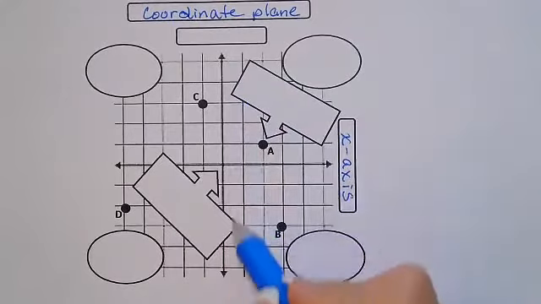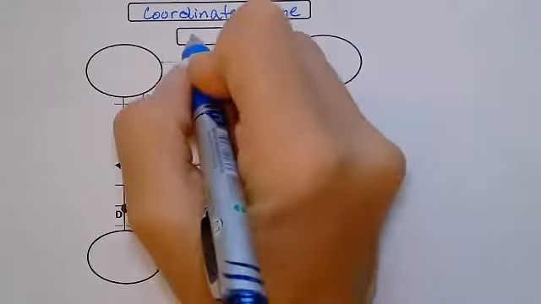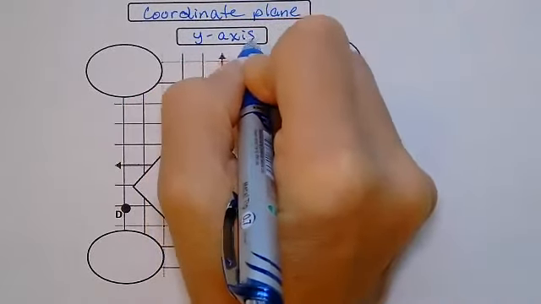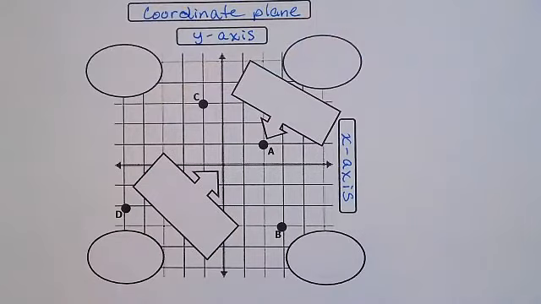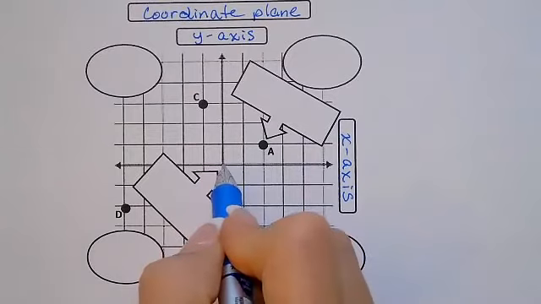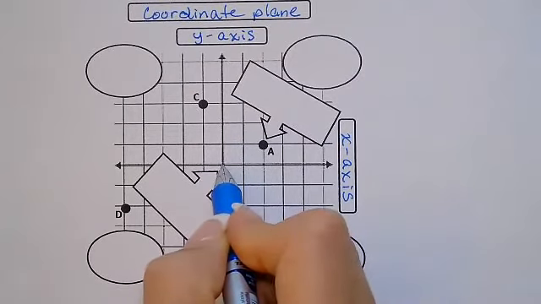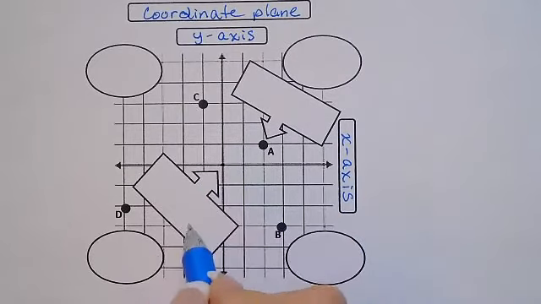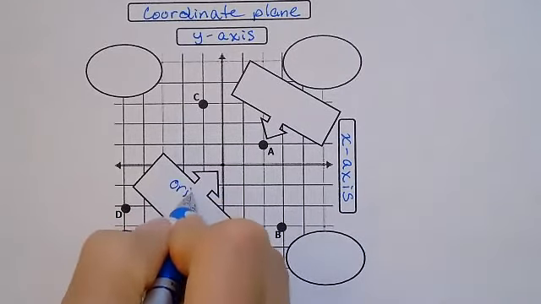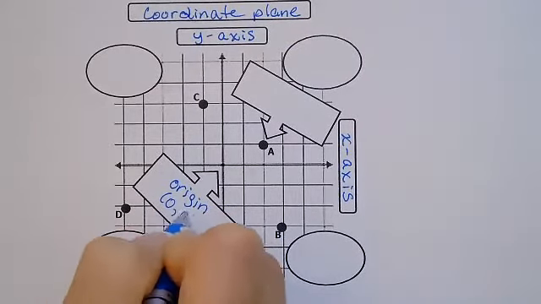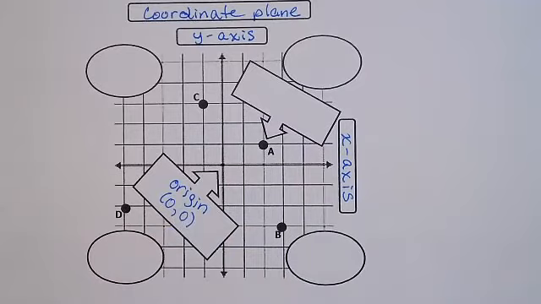The axis that goes up and down is the y-axis, just like you go up and down to make a Y. Okay, this point right here where the 2 axes intersect, this is called the origin. Zero, zero. It's the ordered pair for the origin.